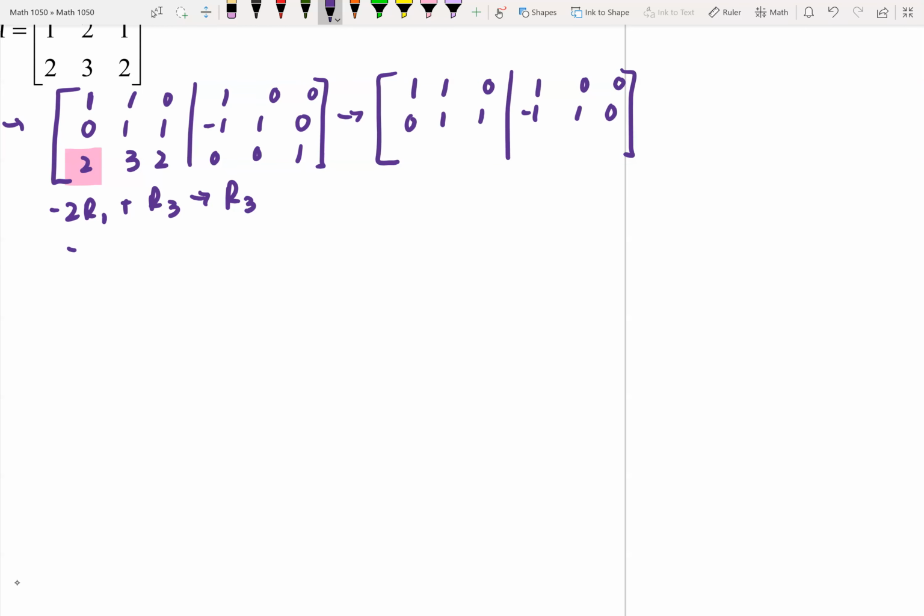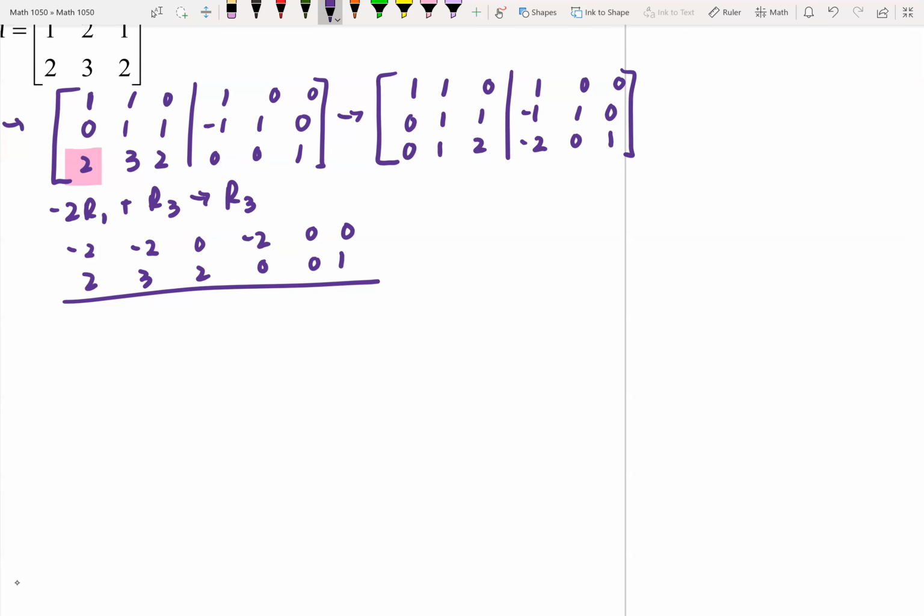Take a negative 2 across the top. Negative 2, negative 2, 0, negative 2, 0, 0. Write row 3 underneath it and always add. Don't subtract. You're going to get messed up. So that gives you a 0, a 1, 2, negative 2, 0, and 1.